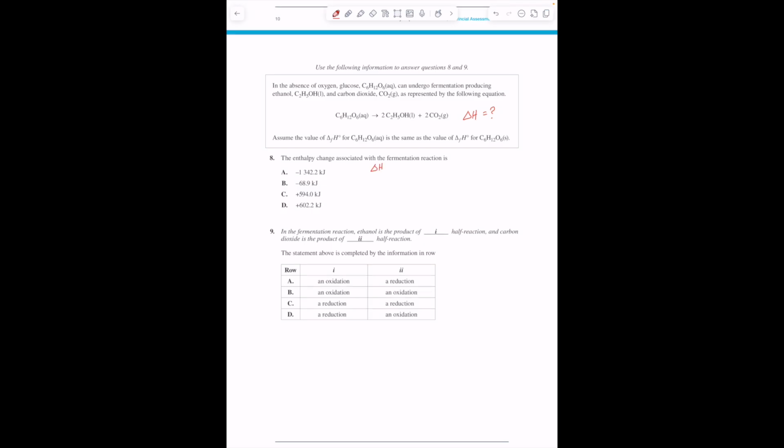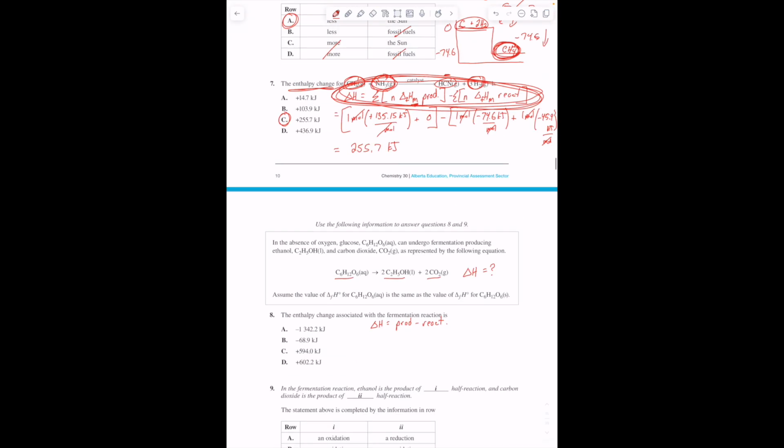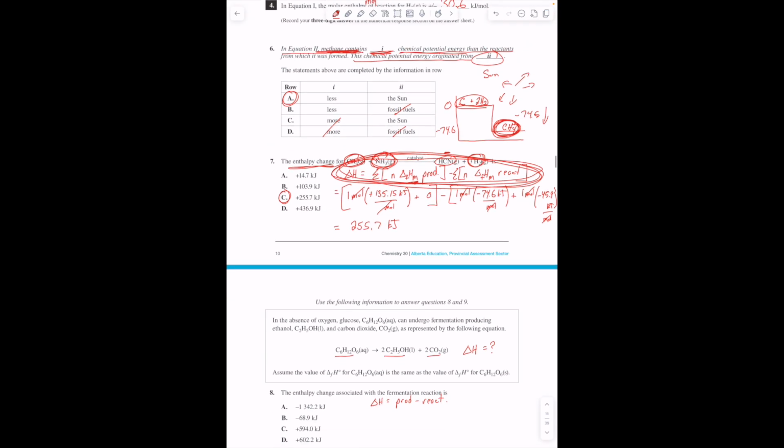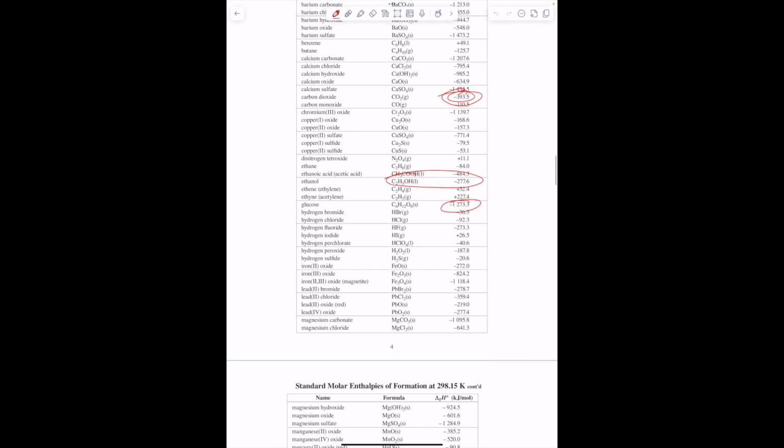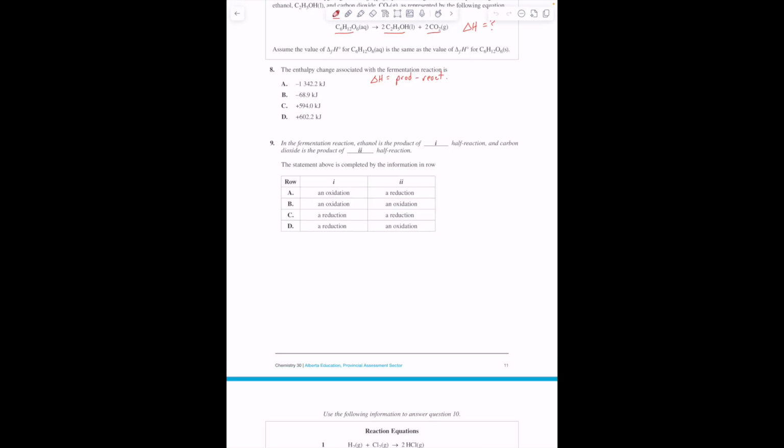Delta H equals products minus reactants. And I have to go find those numbers in the data book, because this calls for the sum of the heat of formation, right? So I might have them circled. Yeah, carbon dioxide is there. Ethanol, glucose. Here we go.